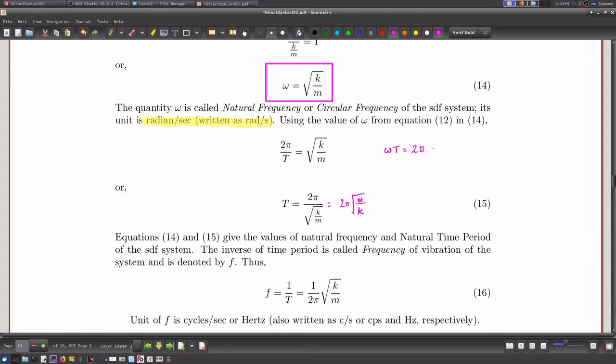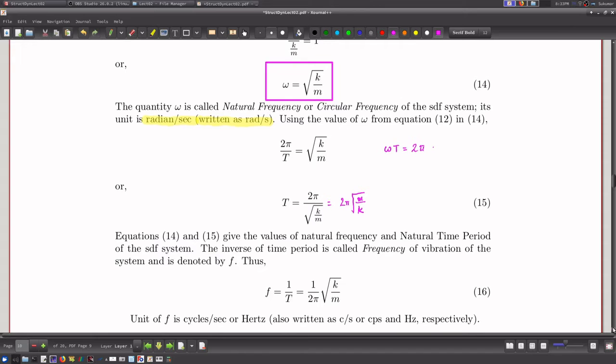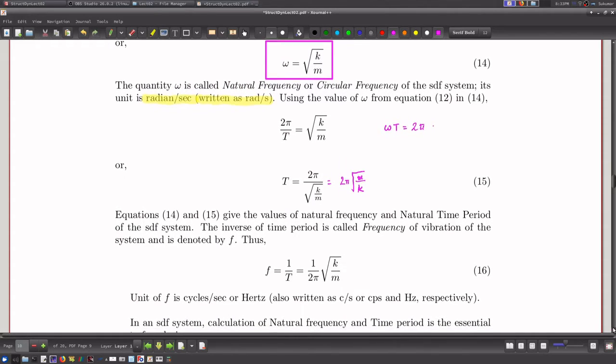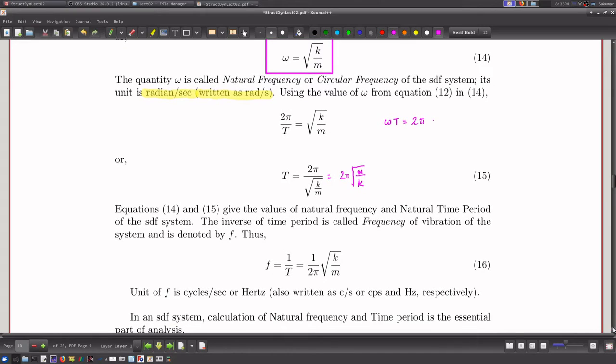Now we have another term called frequency of vibration, and this frequency of vibration is measured in cycles per second, and it is defined as the inverse of the time period. That means how many cycles take place per 1 second is called frequency.